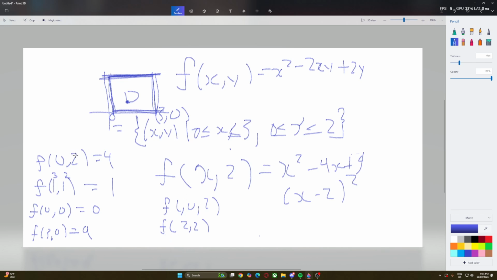And f(0, 2) is already this, so we don't have to check that. So the only thing we have to check is (2, 2), which we already know as 0. Based on these values, we finished all the endpoints.